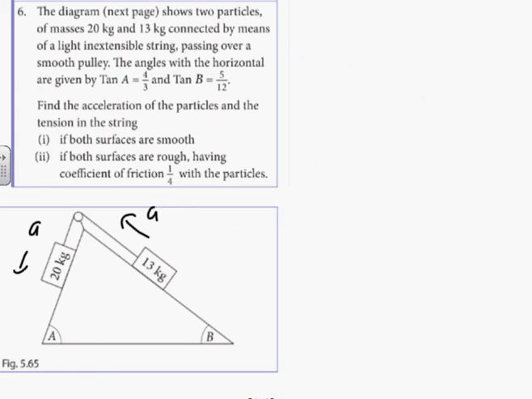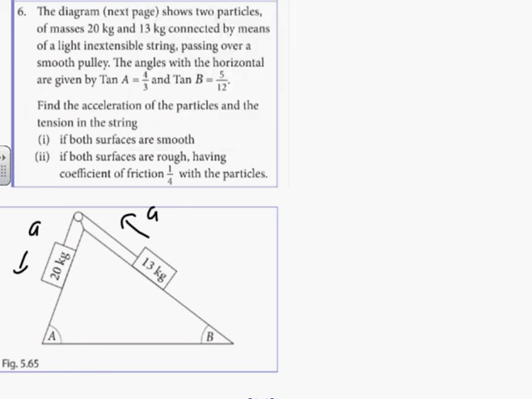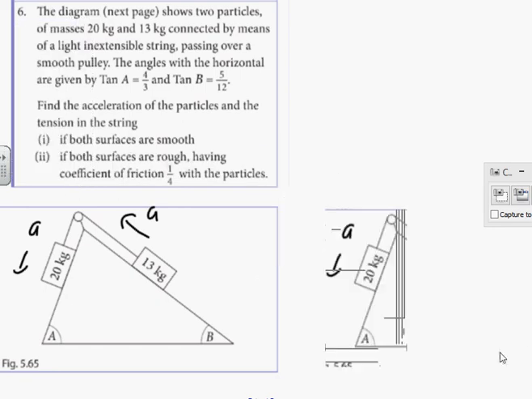Okay. Now, let's start off with the 20 kilogram particle. Okay. I might just have an idea for this to make my life a bit easier. You can't exactly do this in a test, but there we go, just being lazy about it. Okay, we'll go down.